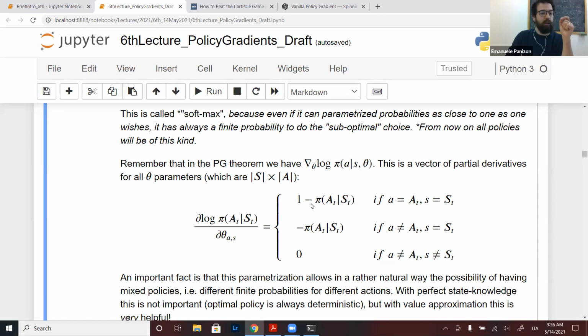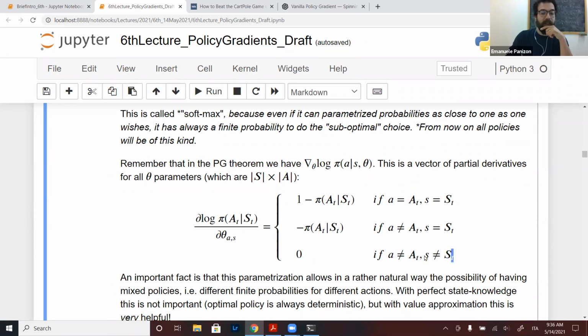Okay. So in a sense, when I take an action in a state, the derivative of the log of the policy with respect to that parameter which corresponds to that action and that state is 1 minus pi. If the state is the one which I'm considering, but the action is not the one I'm using, so the action A over which I'm differentiating is not the action A which I'm actually considering, then this term is minus pi.